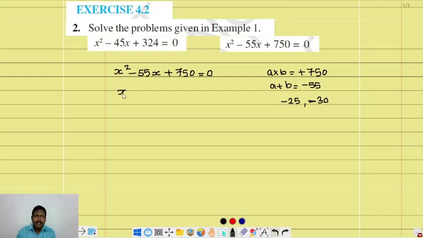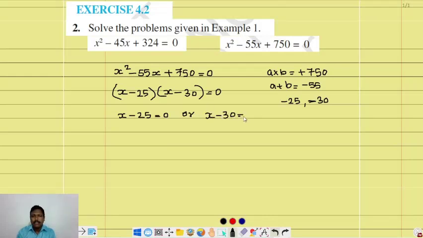So directly you can write here x minus 25 into x minus 30 is equal to 0. Using the identity directly we can write it. So from here you will get x minus 25 equal to 0 or x minus 30 equal to 0.